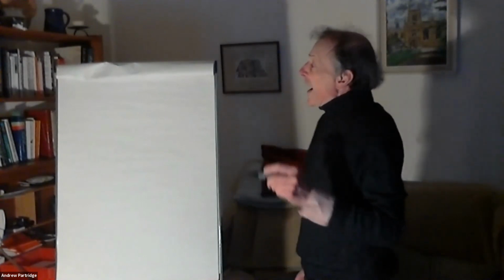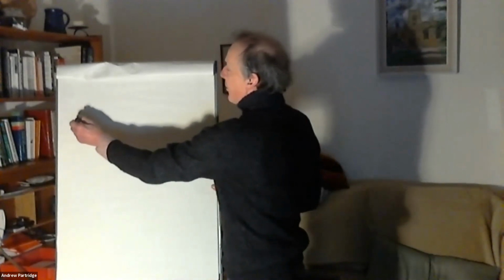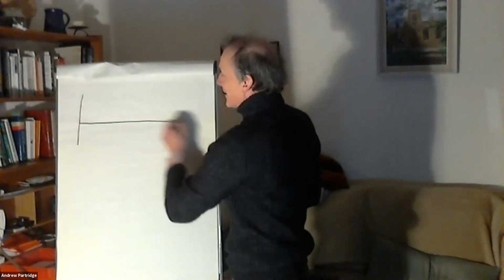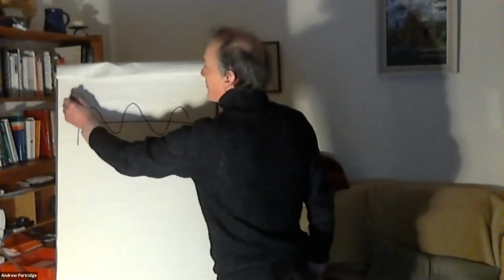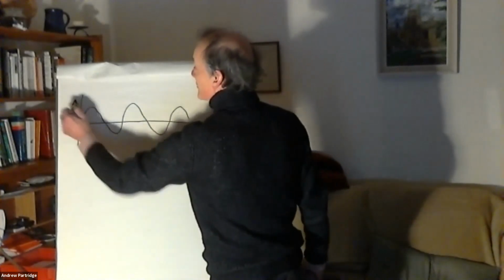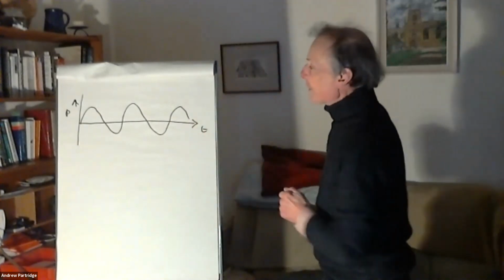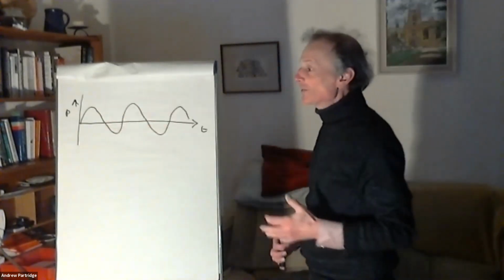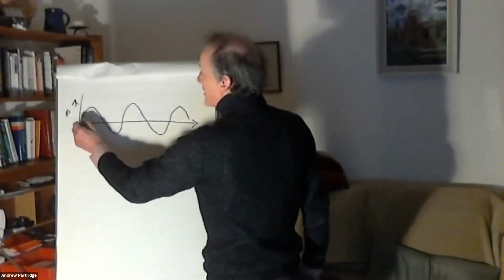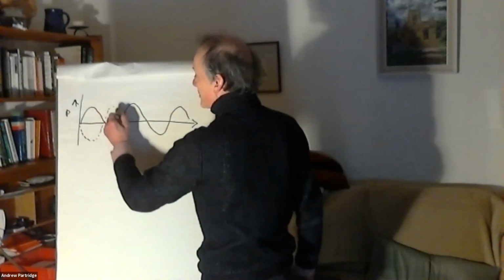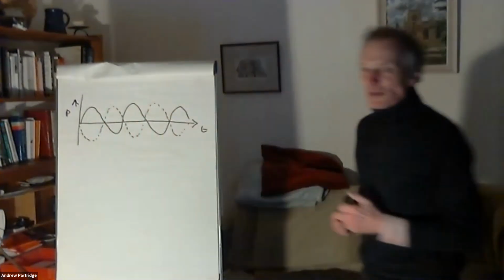And one way in which this is utilized these days, and I'm going to draw a wave now as a sort of graph, supposing this is a wave that we've got coming out of somewhere, and this might represent pressure, for instance, if it's a sound wave, and this is time. Supposing you've got a wave like that being generated from somewhere, if you manage to generate another wave which is going exactly opposite to it, the two will add up to give you pretty much nothing.